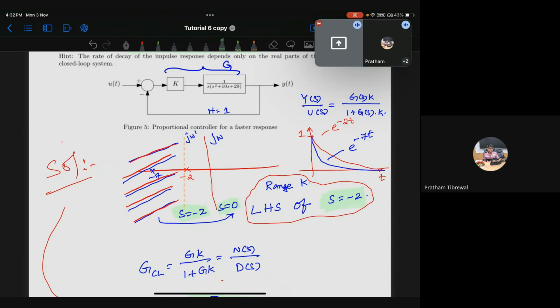We should not take the difference. Now the new origin is s equal to minus 2, the new j omega axis. We are simply shifting it.